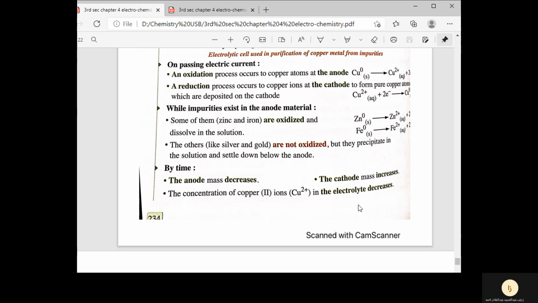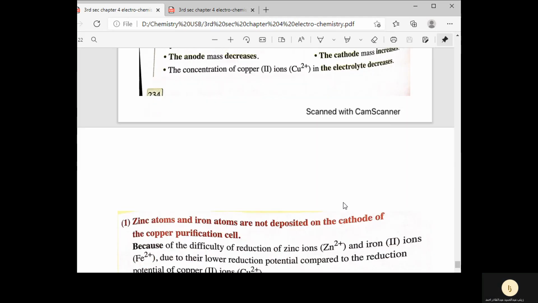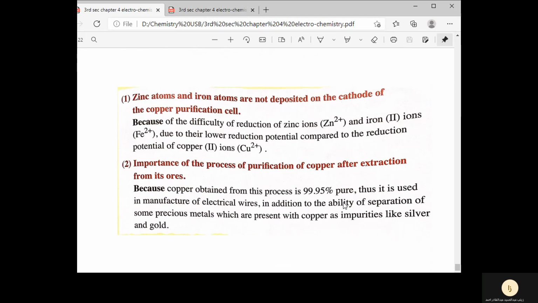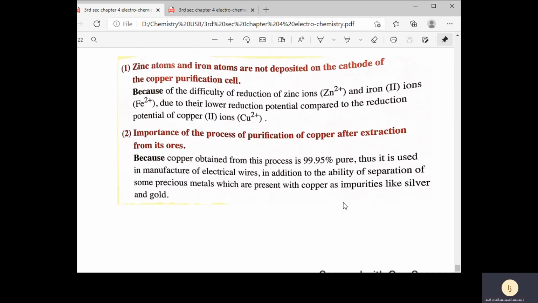Zinc atoms and iron atoms are not deposited on the cathode of the copper purification cell. Why? Due to the difficulty of reduction of zinc and iron ions, because of their lower reduction potential compared to the reduction potential of copper.